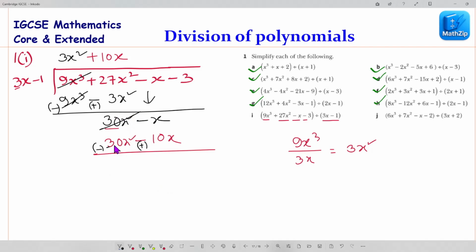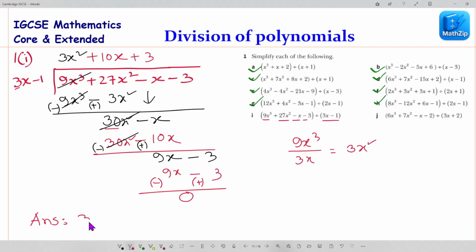So 30x square minus 30x square is out, minus x plus 10x will be 9x, and here is minus 3. Now 9 divided by 3 is 3, x divided by x is 1, so here plus 3, 9x minus 3, then minus and plus, ultimately here is 0. Our answer is 3x square plus 10x plus 3. Very simple. So number I is done.